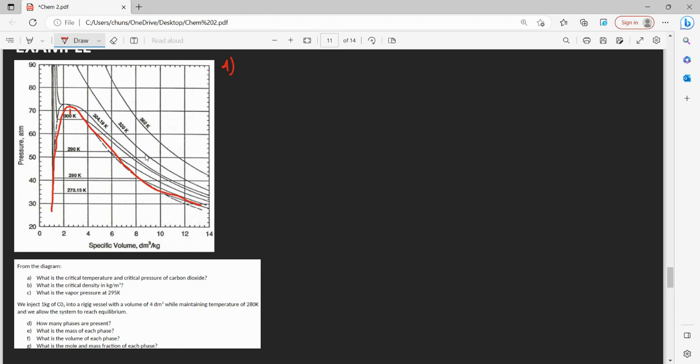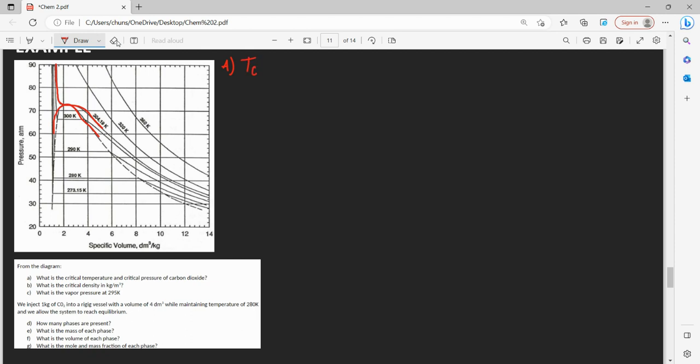So I would say this is in. Sorry, I deviated a little bit. Let's draw this a little better. Okay, here we go. And we see that this touches our 304.19 Kelvin isotherm.